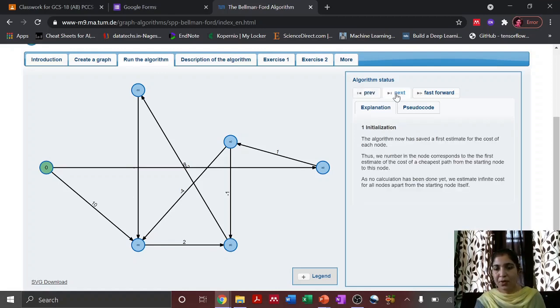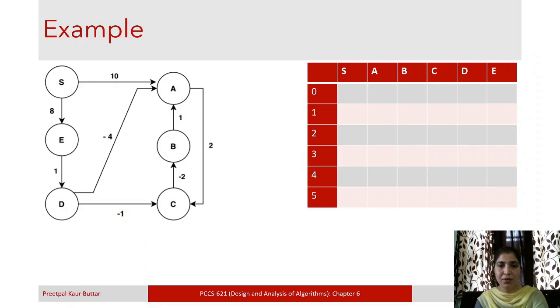First of all it will do the initialization. Initialization means S is initialized to 0 and all other nodes' distances are initialized to infinity. So this is 0 and all other distances are infinity. This is step number 0 here, right?